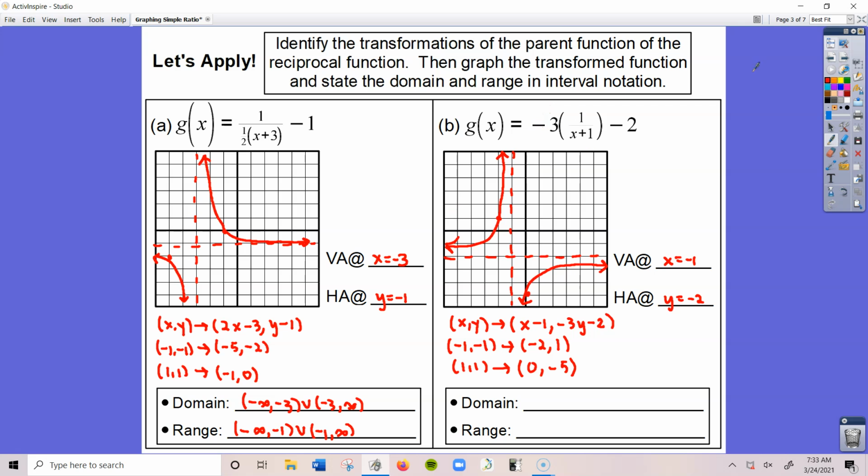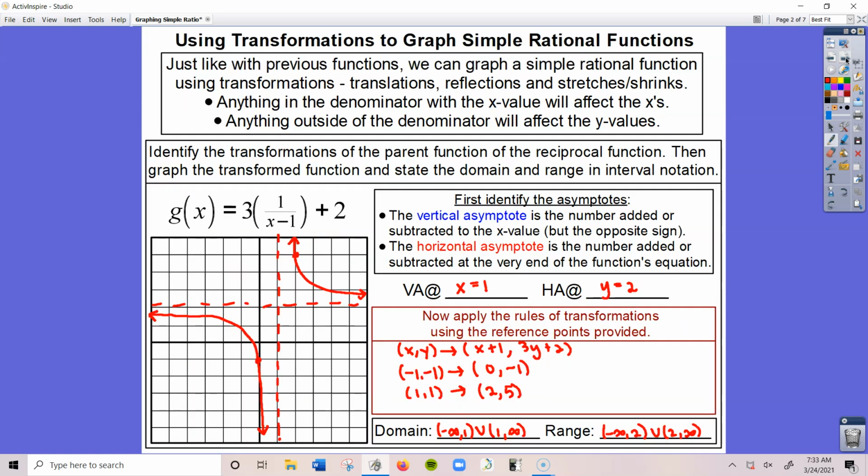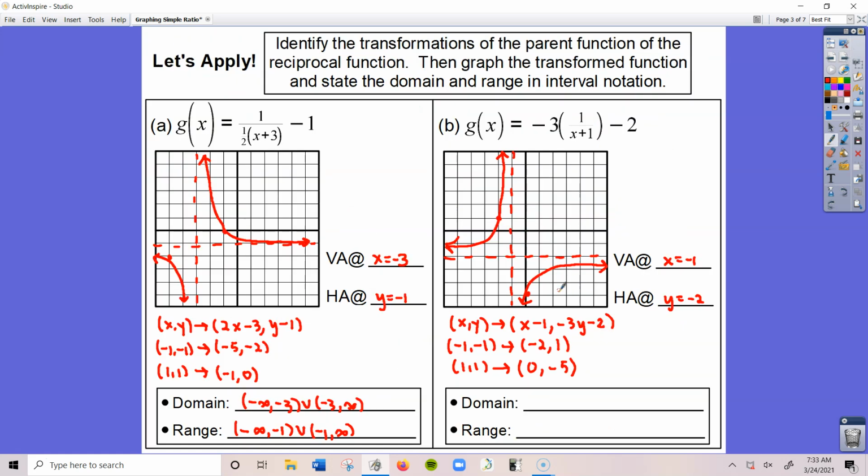Now, our original function, as you can see, I'm going to go back to the beginning a moment. We have on the left side curving down and on the right side curving up. So if it was reflected over the x-axis, then the left side would curve up and the right side would curve down, which is what we see here.